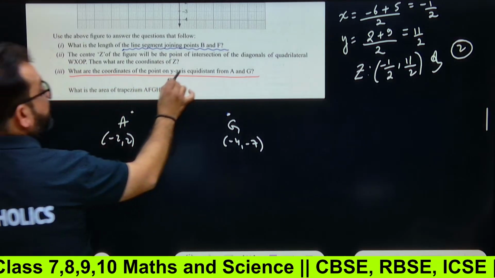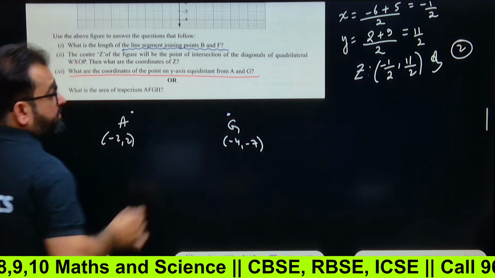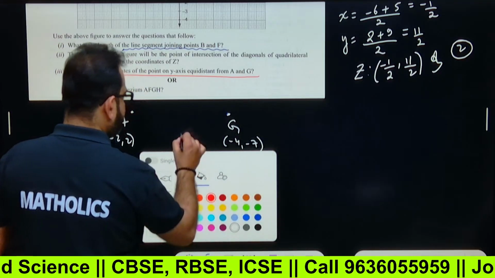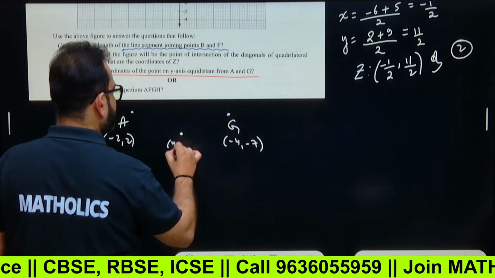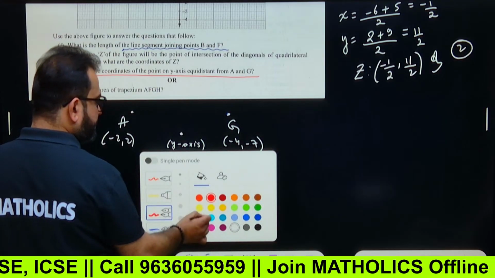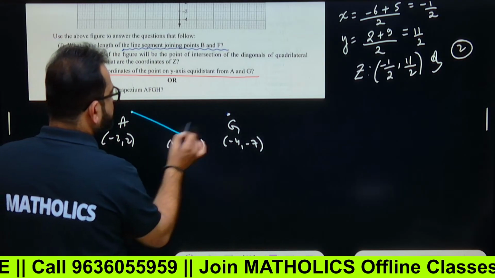What are the coordinates of the point on y-axis equidistant from A and G? Let's say the point is this, on the y-axis, which is equidistant from both of these. That means you connect this and you connect this.